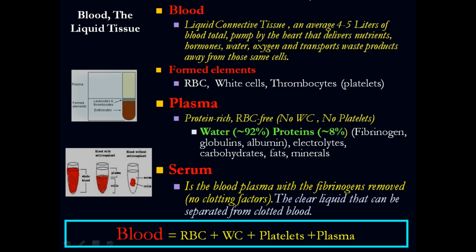And these form elements are coming from the what? From the red bone marrow, right? Red bone marrow. And when they produce all these form elements, it is called the hematopoiesis.